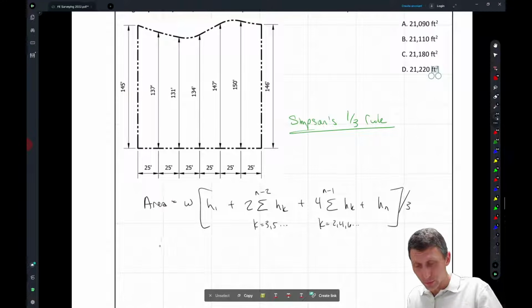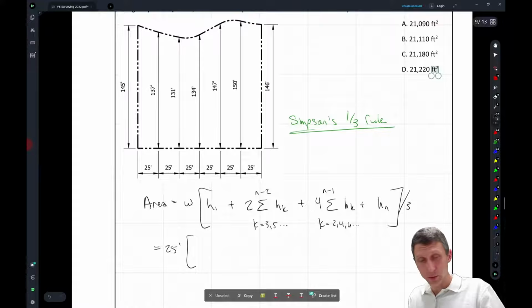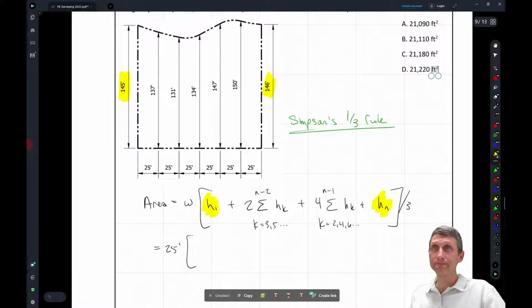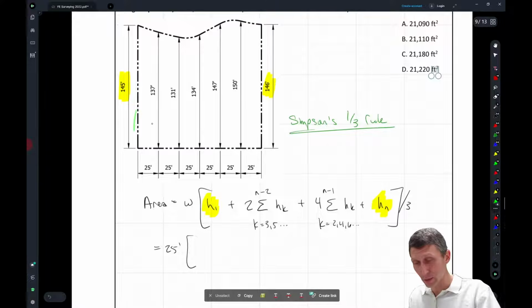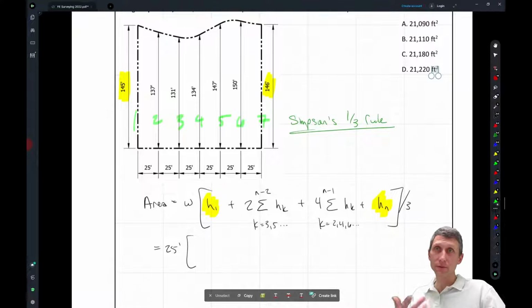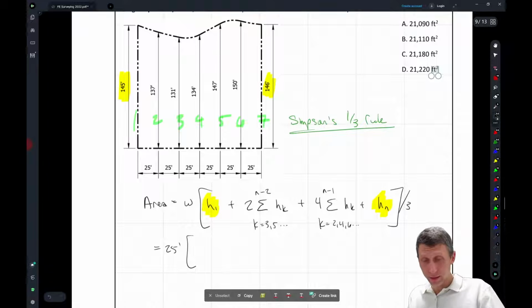So if we write this out, 25 feet times h1. What's h1? H1 is just going to be this 145. And hn is going to be 146. Makes sense? If we number these again, 1, 2, 3, 4, 5, 6, 7, we have these 7 different points. So h1 is 145, plus 2 times what?